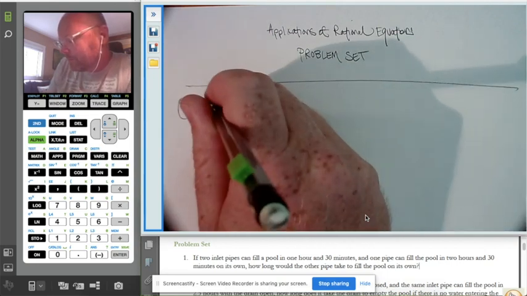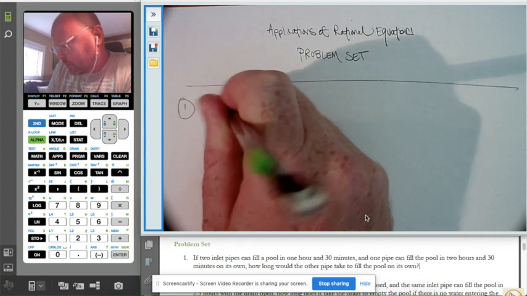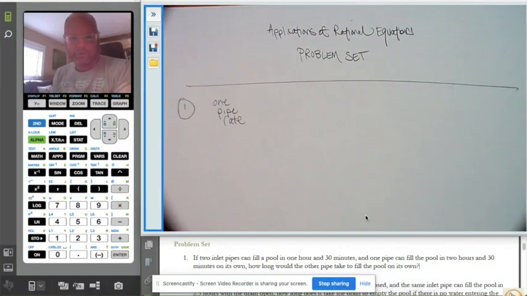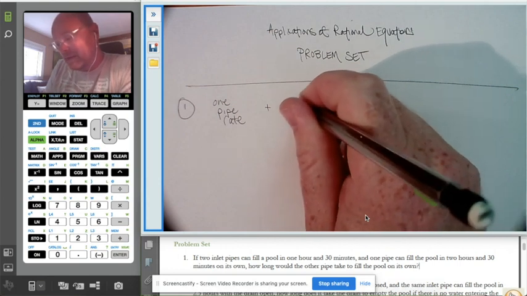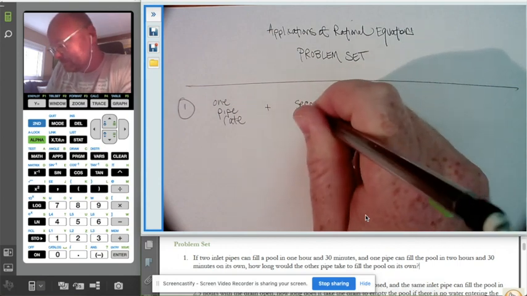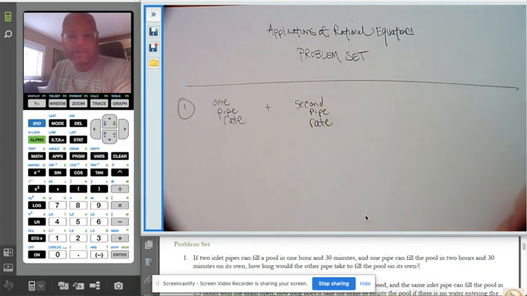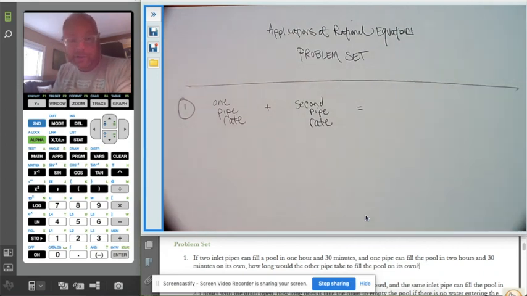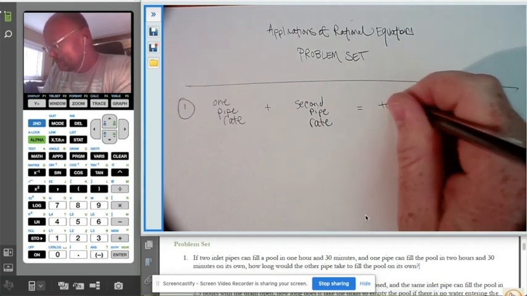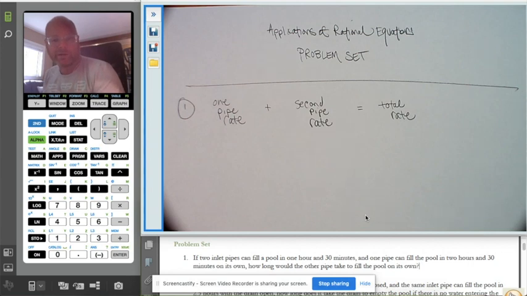So I like to think about it kind of like this. We have 1 pipe, and we're going to talk about the rate at which it can fill the pool. We're going to add the rate at which a second pipe can fill the pool. It's got its own rate of filling the pool, which is related to our unknown. But if the 2 pipes are working together, then we have a total rate, right?